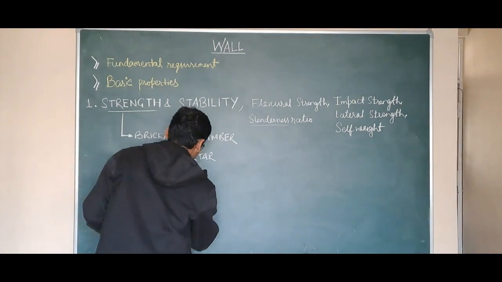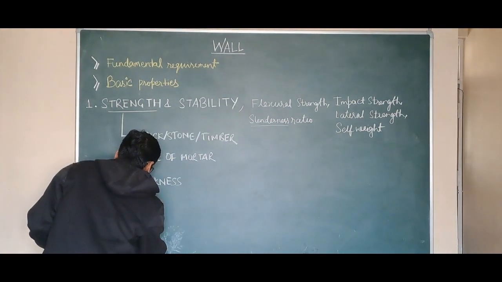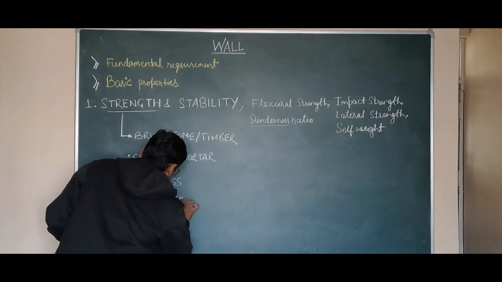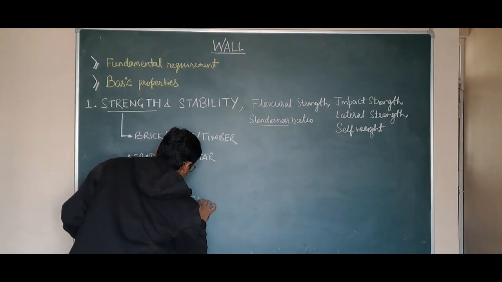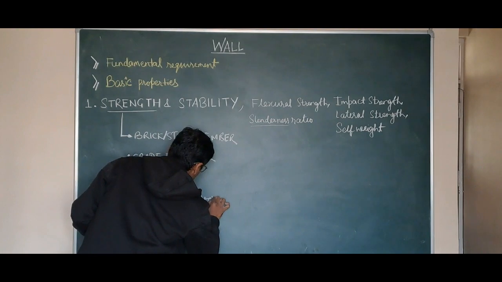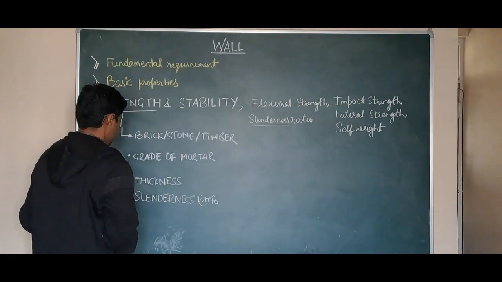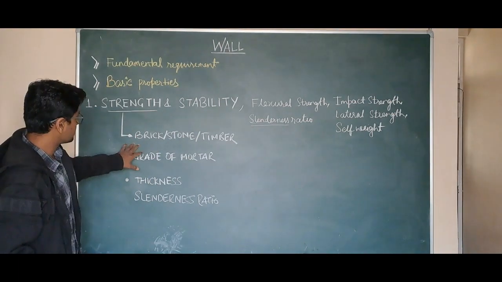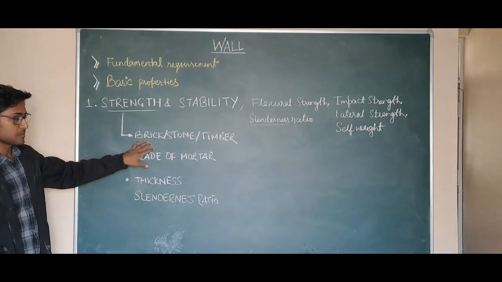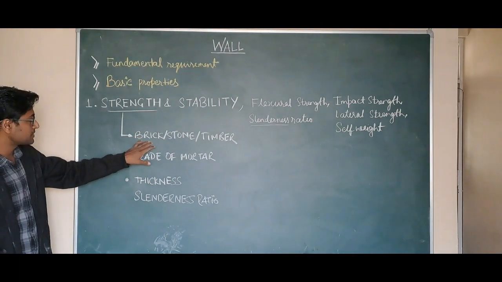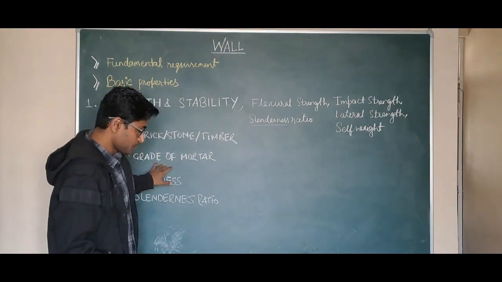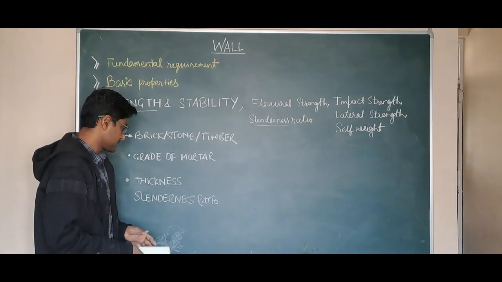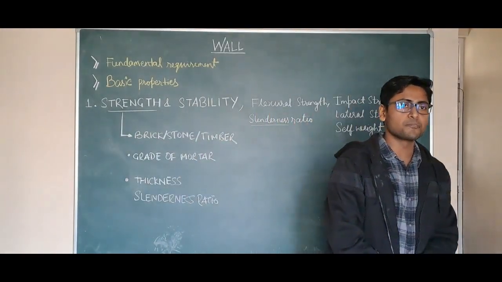Thickness, slenderness ratio. Okay. So these are three basic things which decide the strength of wall: the component, the brick, stone, or any material that you are using, the grade of mortar or any binding material, and thickness, slenderness ratio of the wall.